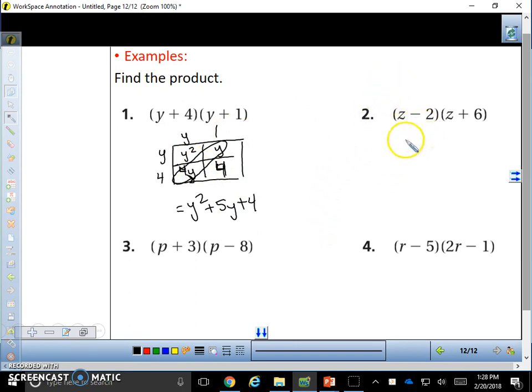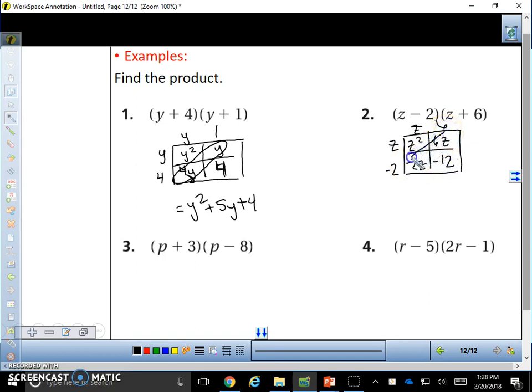Again, we're going to do a rectangular array. It's a 2 by 2, so I'm going to have a 4 grid, z, -2, z, 6. Z times z is z squared, 6 times z is 6z, z times -2 is -2z, 6 times -2 is -12.